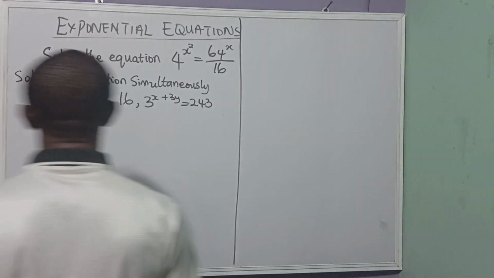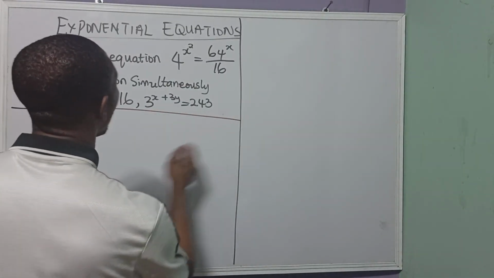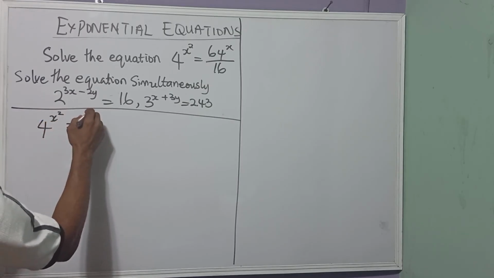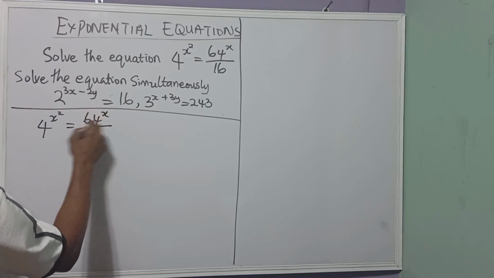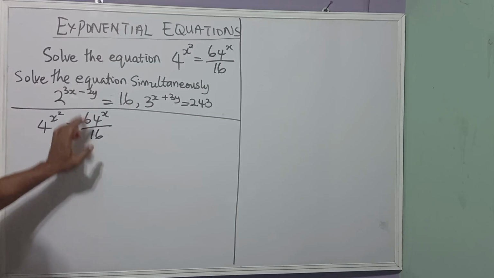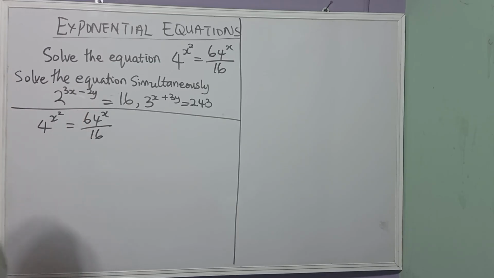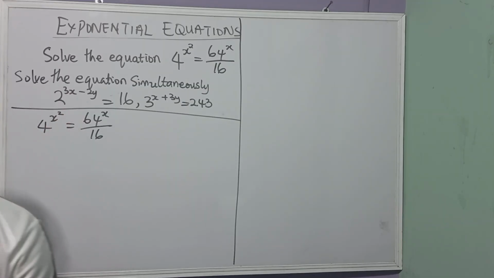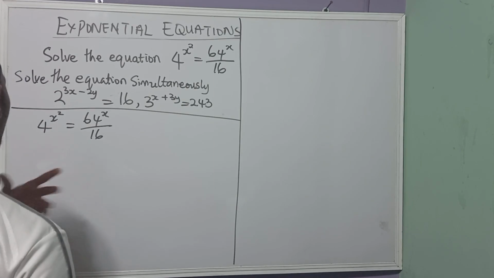Now, in solving this, we have 4 raised to power x squared equals 64 raised to power x over 16. We are going to break each of these into powers of 4, since 64 and 16 can be written in base 4.